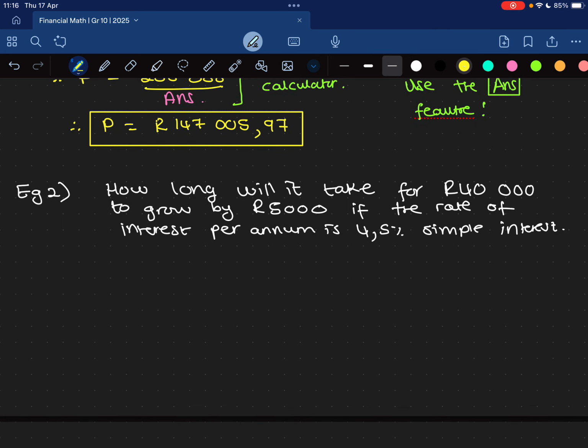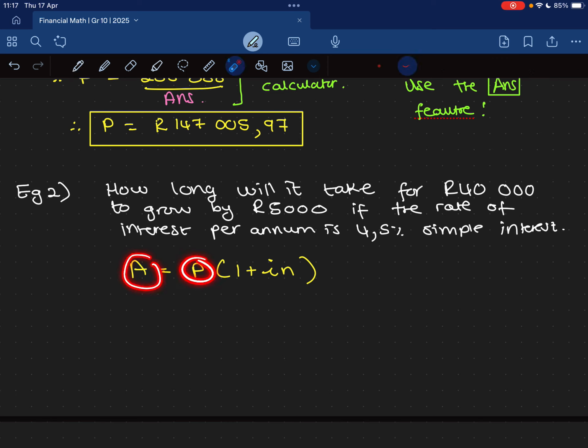So, first of all, we are using simple interest. So A is equal to P(1 plus IN). So take a moment, pause the video, and identify which values you have, the A, P, I, and N. So which ones do you have, and which ones do they want you to calculate? Okay, so you can see that the 40,000 is the amount that you have right now.